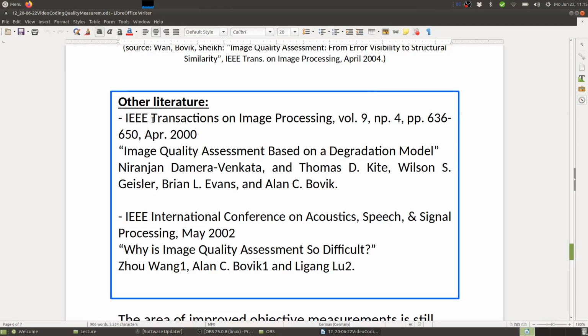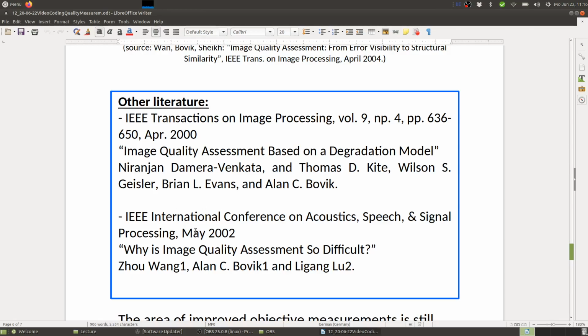Here is some other literature which you can find on IEEE Xplore within the TU Ilmenau network. An article from the IEEE Transactions on Image Processing in 2000, "Image quality assessment based on a degradation model", from this group of Bovik.